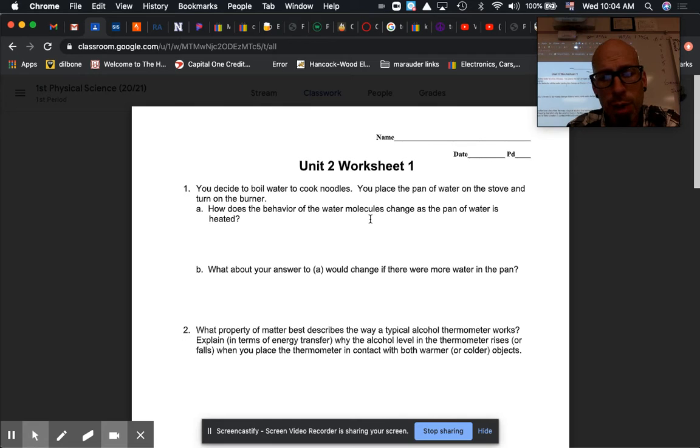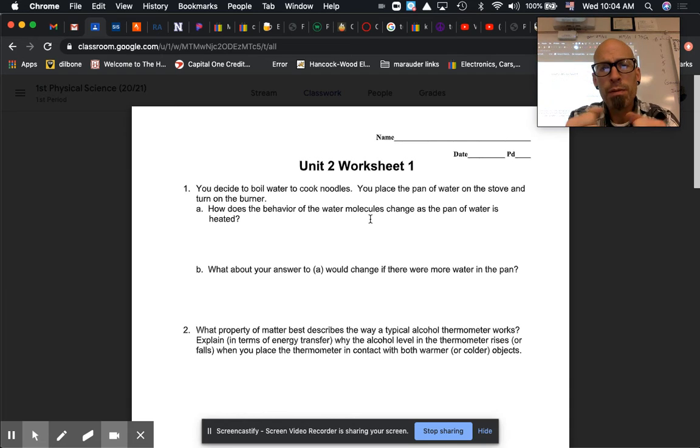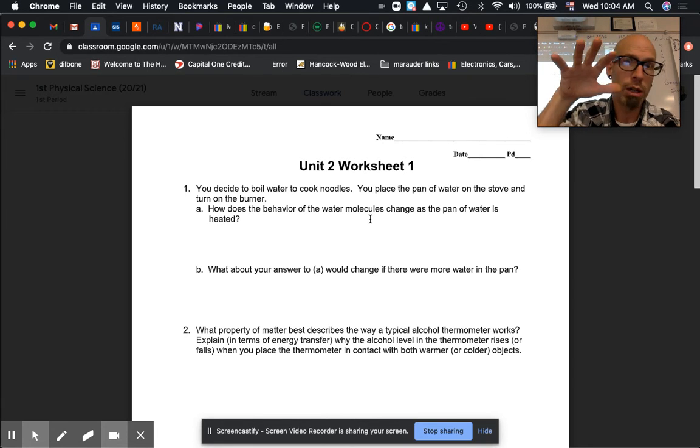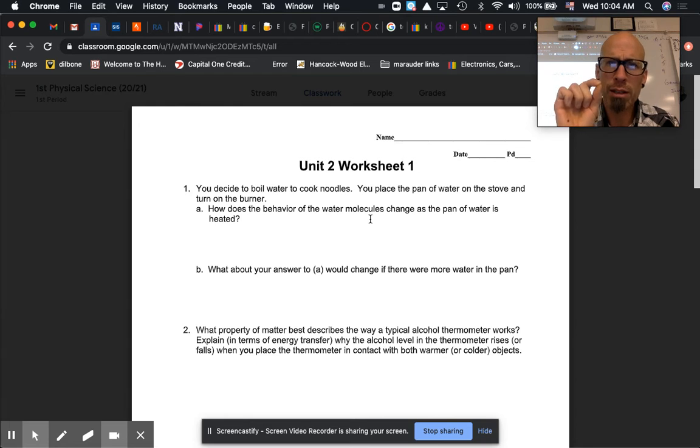So we have faster particles, which means the temp's going up. They're getting a little bit further apart, so the water is expanding a little bit, but you can't really notice when you look at the pan. It's not like the water swells up huge. The particles got faster, and they finally got to boiling temperature, and then you can throw your noodles in.